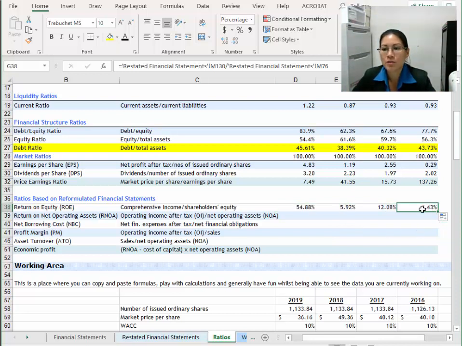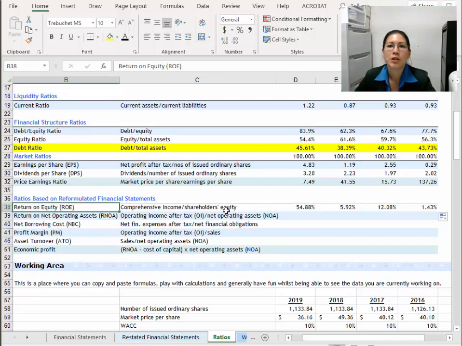Return on equity was 1.43% in 2016, but it's 54.88% in 2019. So a fairly huge return. If you think of putting your money into a company, or into a bank for ease of simplicity in explaining, if you put your money into a bank, you'd like to get a higher interest rate. It's the same thing with this ratio.